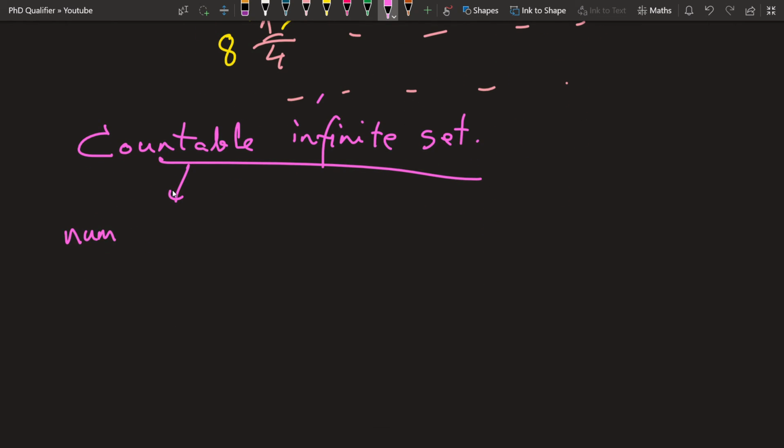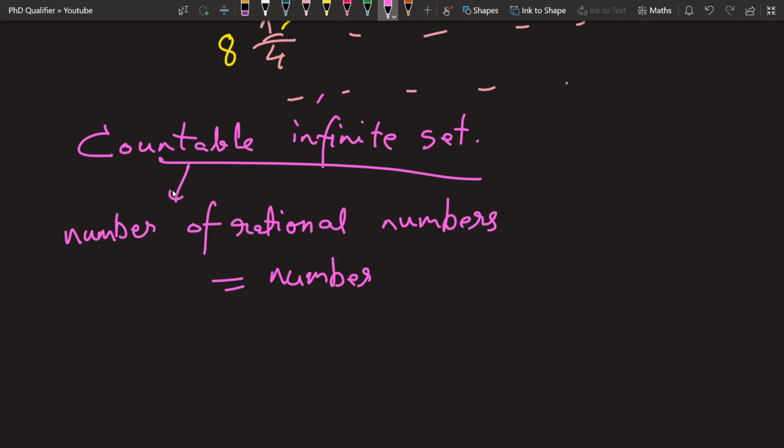So the number of rational numbers is equal to the number of natural numbers.